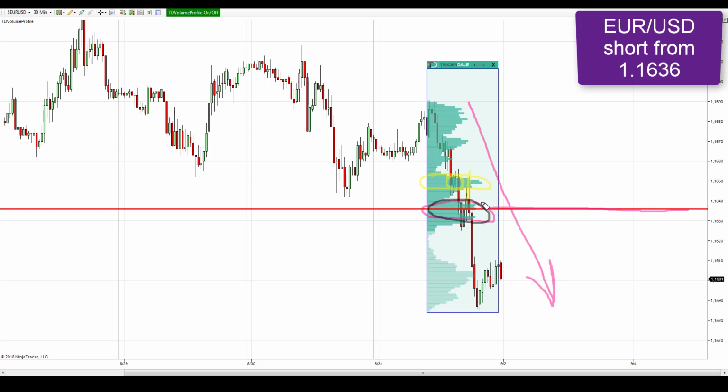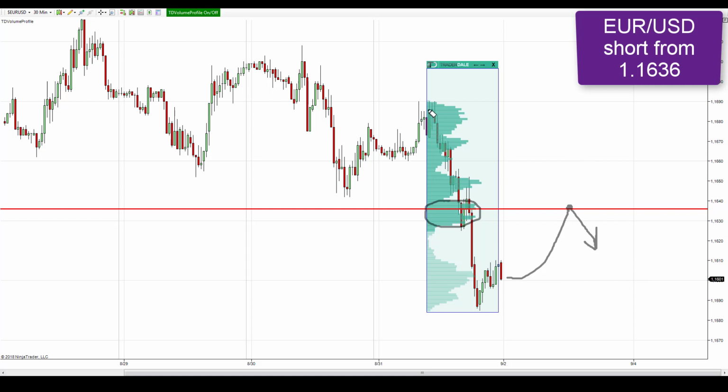I think that strong sellers were adding to their positions in this place where the heavy volumes got accumulated, and afterward they pushed the price even lower. So I think that in this area strong sellers will be defending their positions if the price makes it back again, and they'll push the price lower in order to defend their positions.